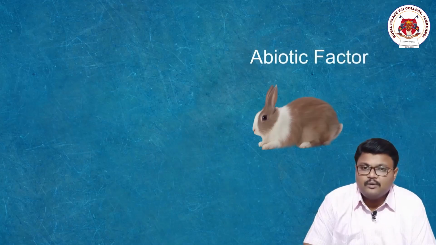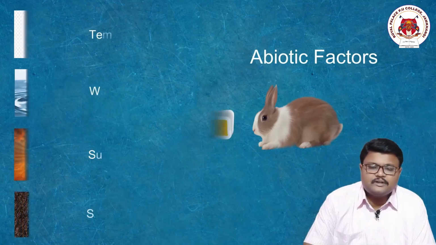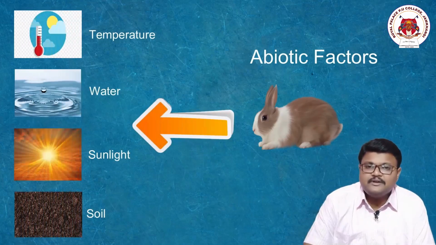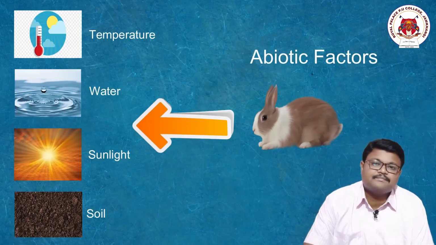Now, of course, the rabbit needs to grow. Of course, the rabbit has to interact with another rabbit. Of course, the rabbit has to interact with its own external environment. While growing and developing, or during other physiological processes, the rabbit has to interact with its own biotic life and abiotic life.